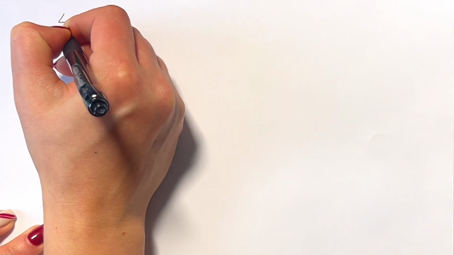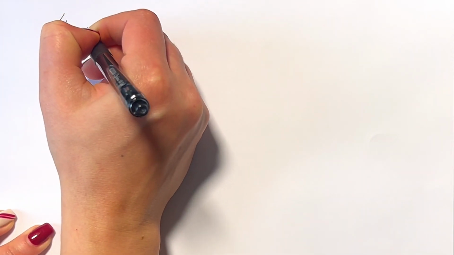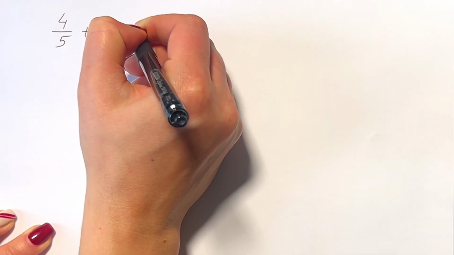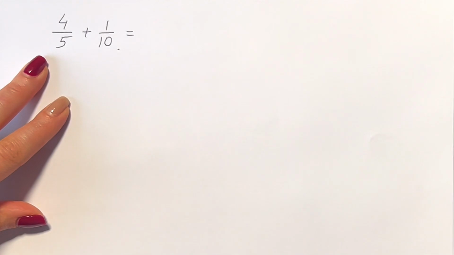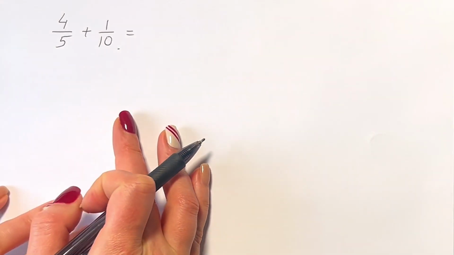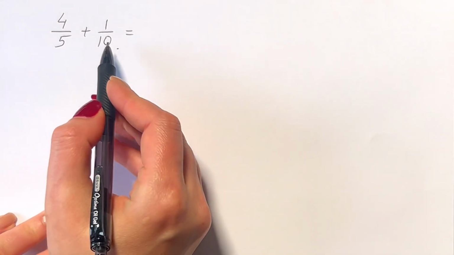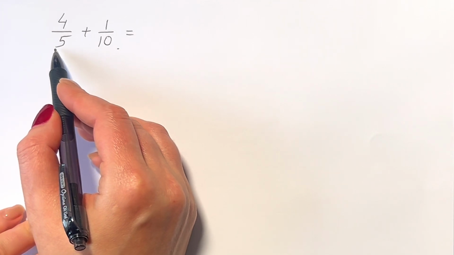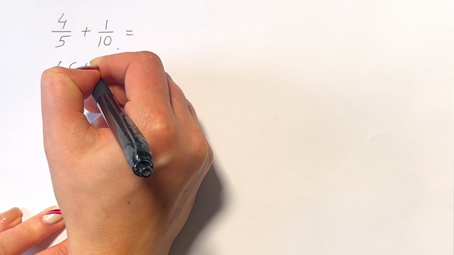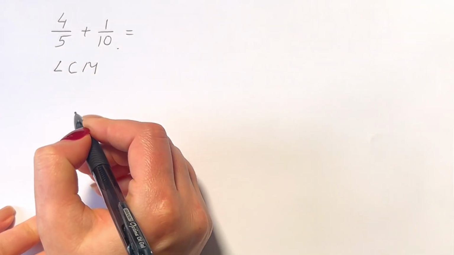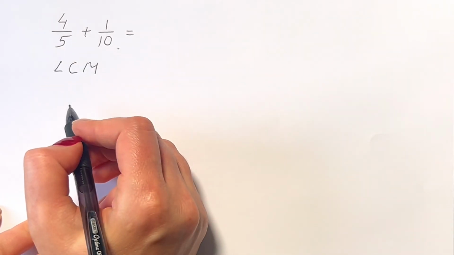What if I have 4 over 5 plus 1 over 10? In this situation, the denominator is not the same. So to be able to combine these fractions, I need the same denominator. How to make the same denominator? This is 10, this is 5. I'm going to get the least common multiple of these two denominators.